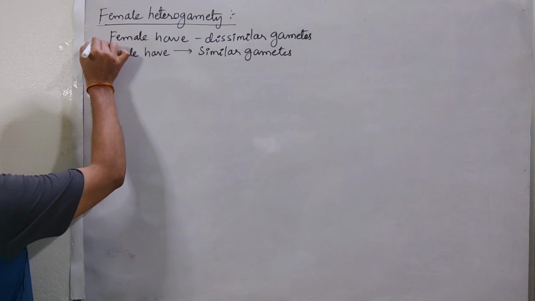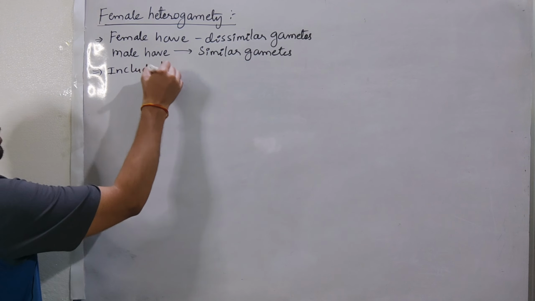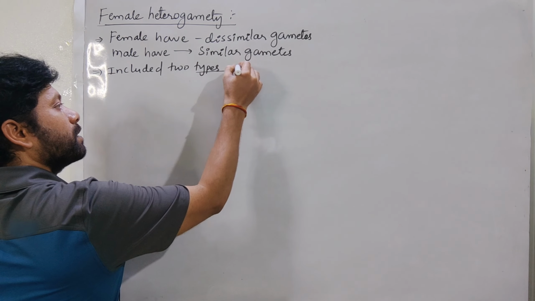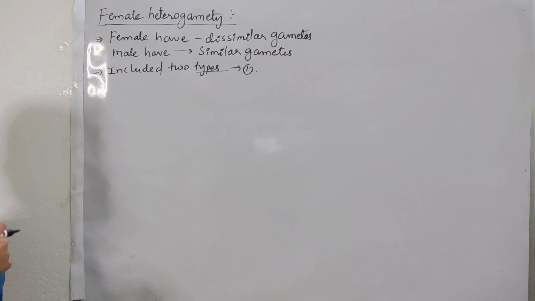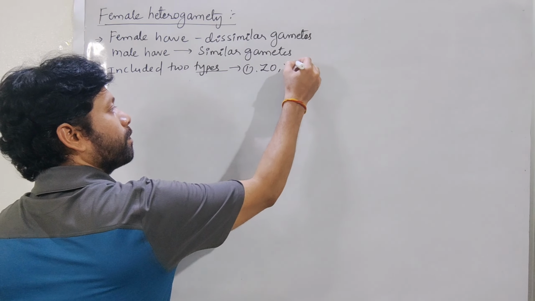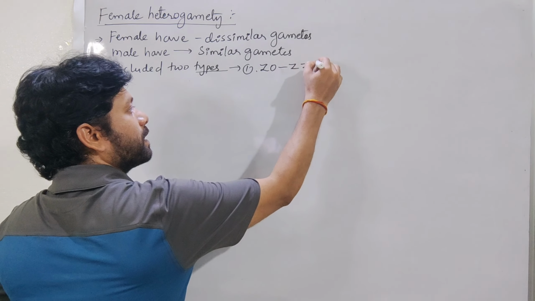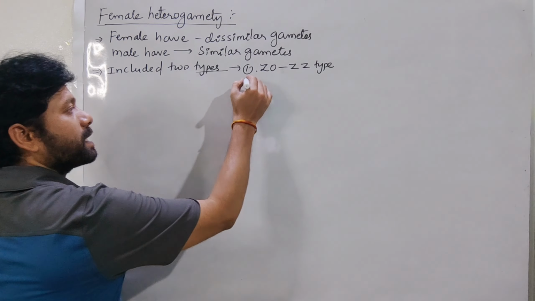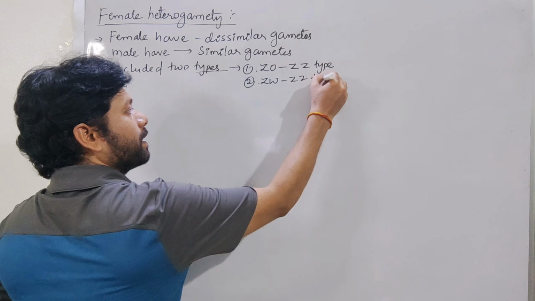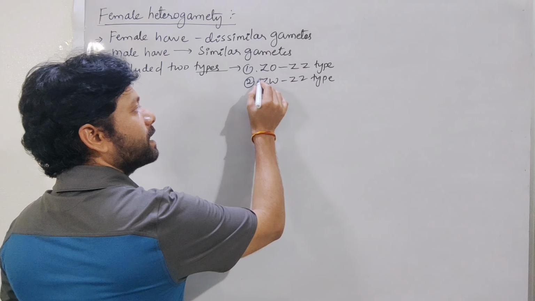Okay, so it includes two types. One is ZO ZZ type. The second one is ZW ZZ type. So two types: ZO ZZ type and ZW ZZ.